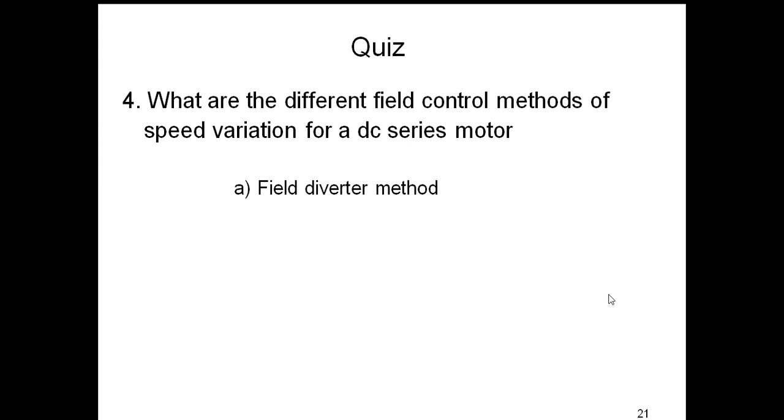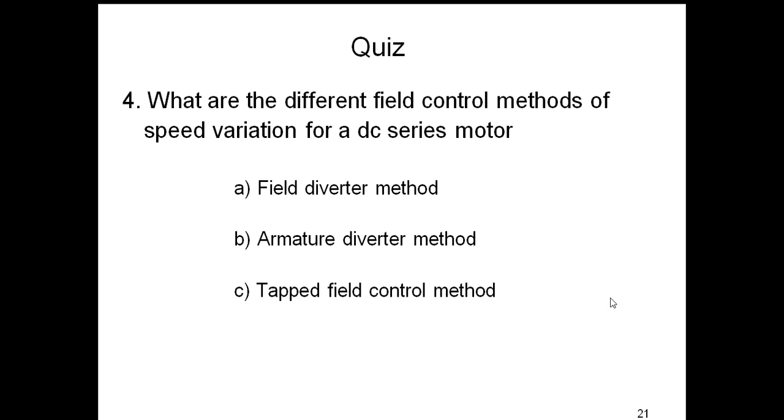Option A is field diverter method. Option B is armature diverter method. Option C, tapped field control method. And option D is all of the above.